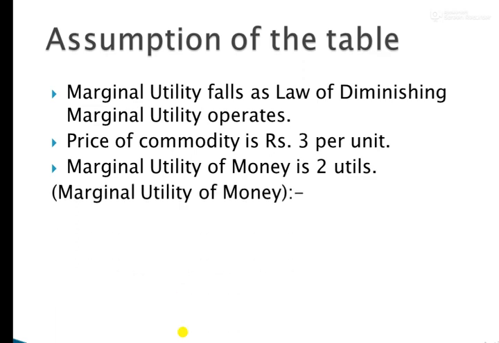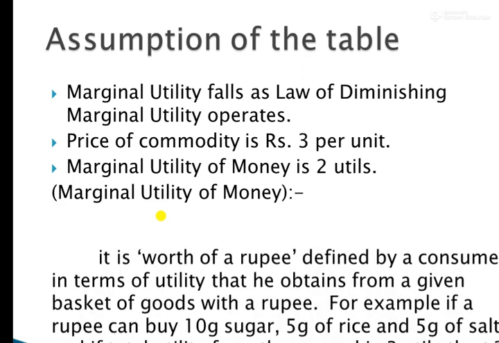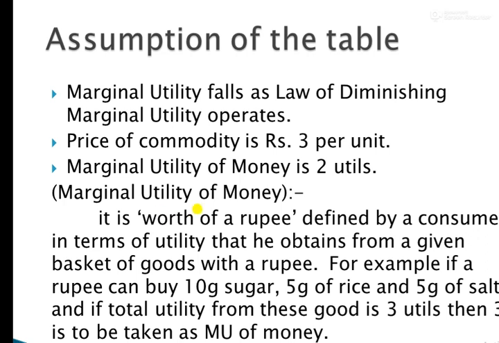So this is new for you. Marginal utility of money. Marginal utility of money is the worth of a rupee. This is the level of satisfaction that a consumer expects from a rupee. So it can be defined by a consumer in terms of the psychological utility that he obtains from a given basket of goods with a rupee.